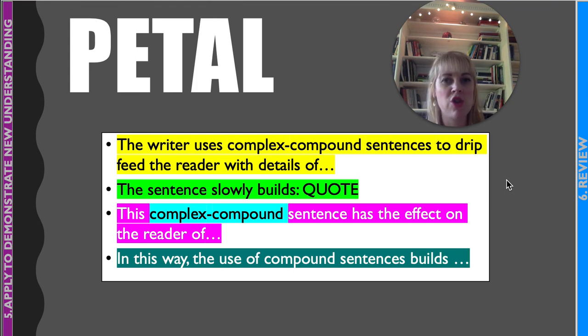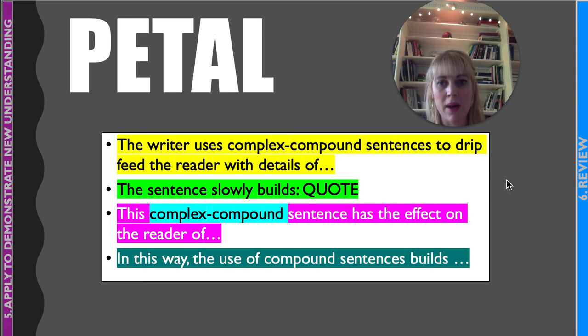But you want to choose one that shows that we're getting a sense of anticipation, of suspense and tension being built up. The technique is really simple here. It's kind of in the task. It's to talk about the complex compound sentence type. Okay, so I've put that in blue there for you so you can see it.